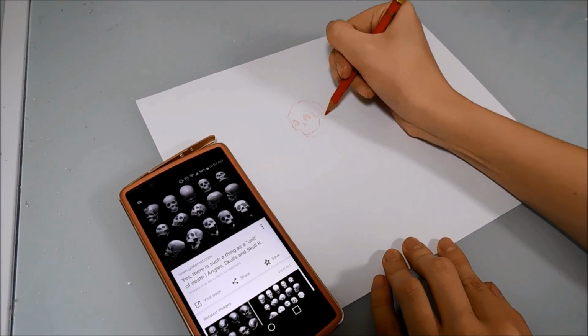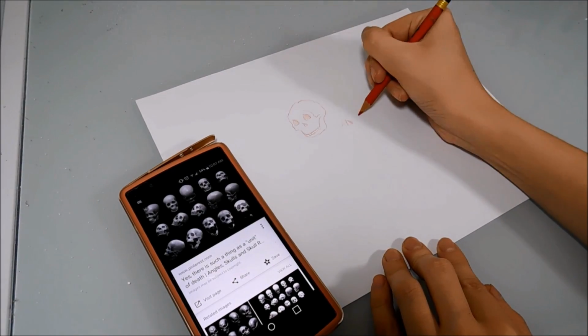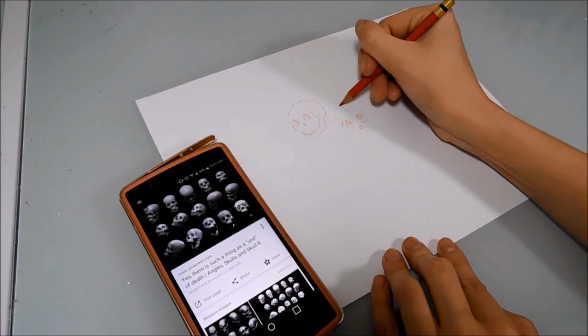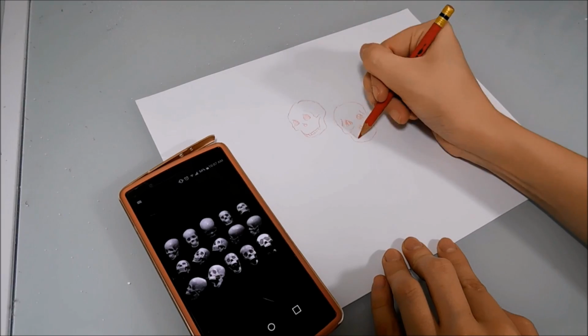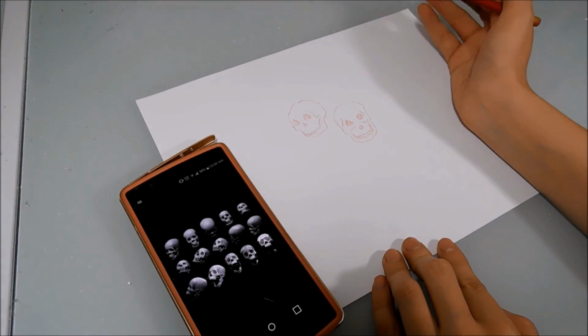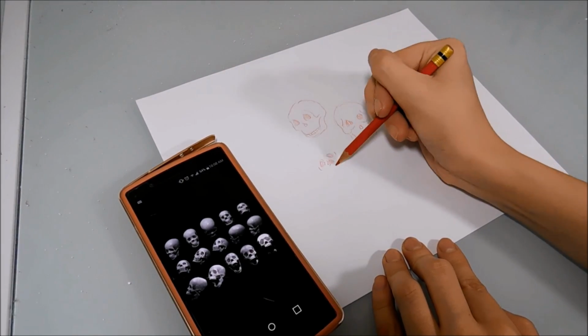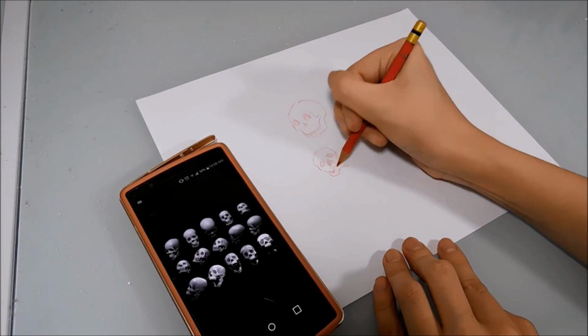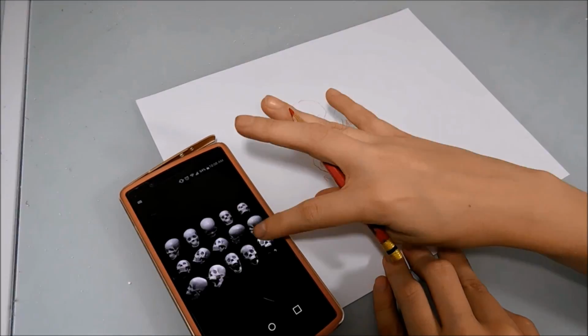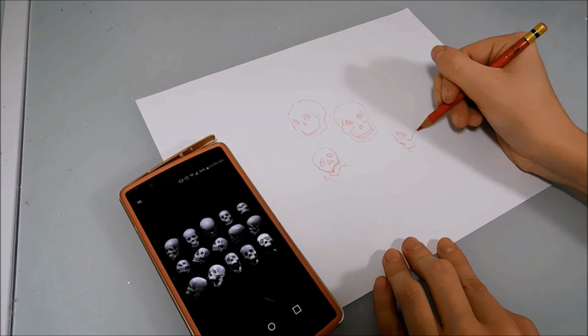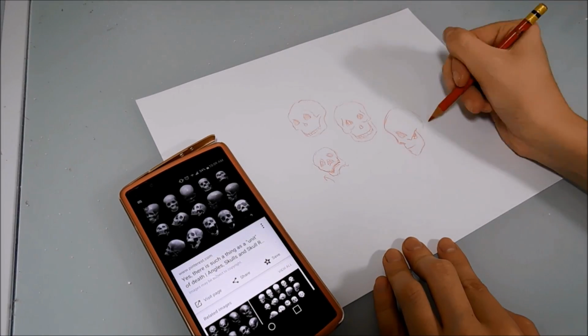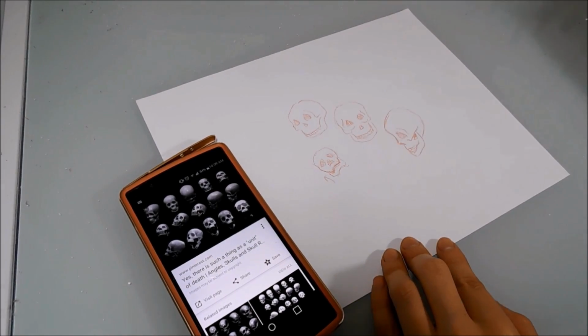I have sketchbook pages filled with just different skulls, and they're not super detailed either. I just usually do this to get the placement of the eye sockets, the nose sockets, the jaw bones. I sketch a lot of skulls to get the placement of those down and to further my knowledge of how facial structure really works.